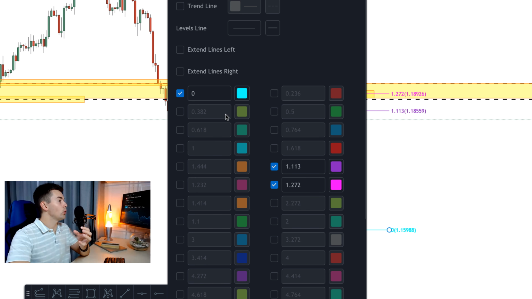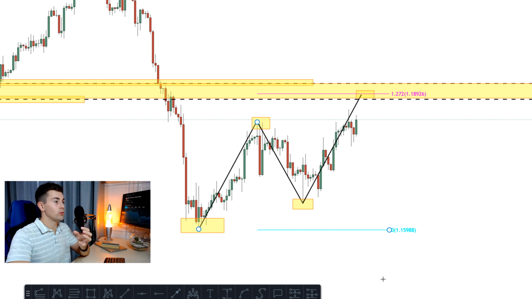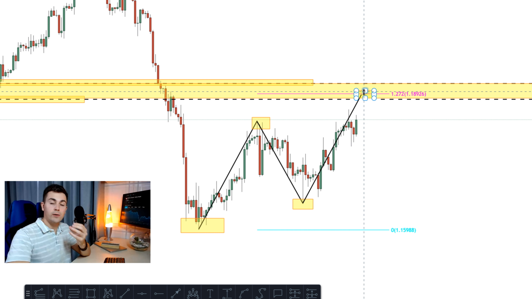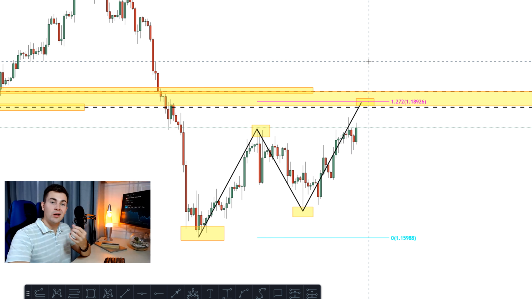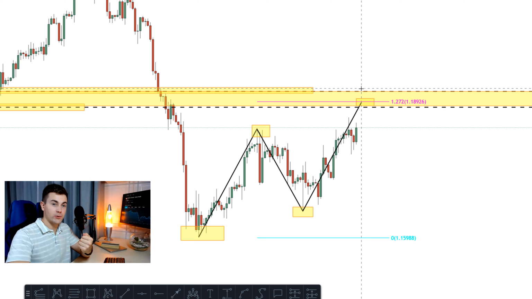I have 1.113 over here, but we don't need that. We just have the perfect match of structure, harmonic movement, and Fibs, right? For that reason, here will be our level, the level from where we will sell the market and from where we will expect a bearish reaction.